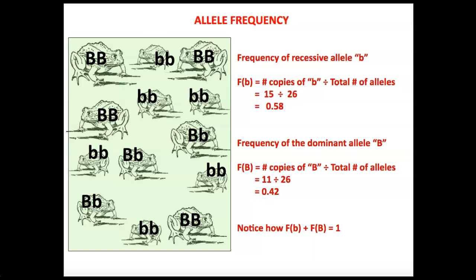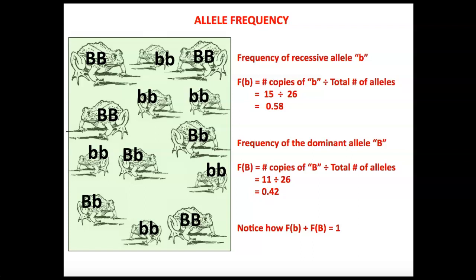We can do the same thing for the dominant allele, which is big B, where we count up the number of big B alleles in this population and divide it by the total number of alleles, which is 26. So in this population, there are 11 copies of the big B allele, and there are 26 total alleles in the population, for a frequency of 0.42 or 42% of the alleles in this population being the dominant allele.